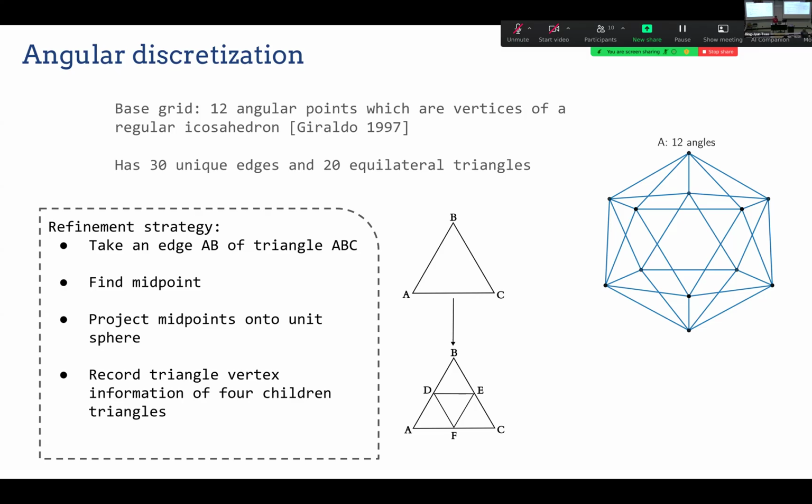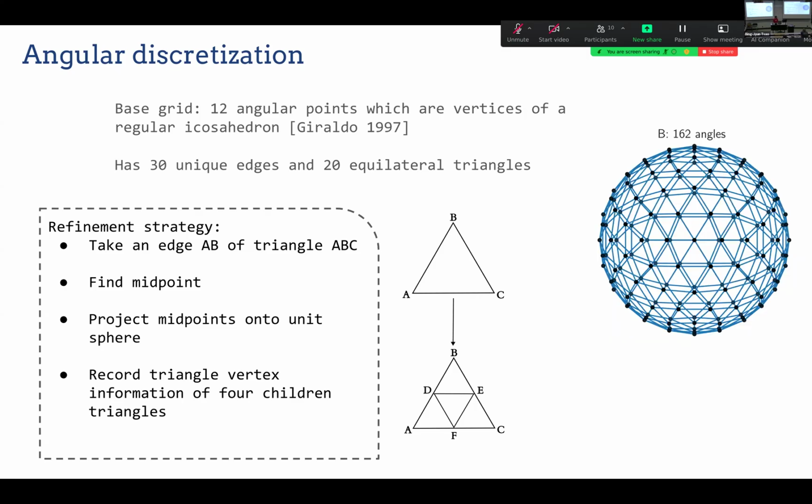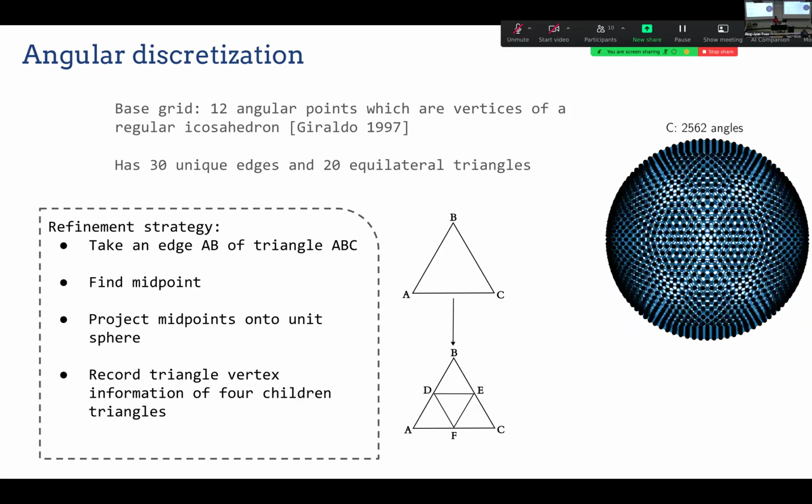And that's it. This can take you from 12 angles to 162 angles to 2,562 angles. It's a very straightforward way to refine in angle when solving the Boltzmann equation. And we now define basis functions on this grid.